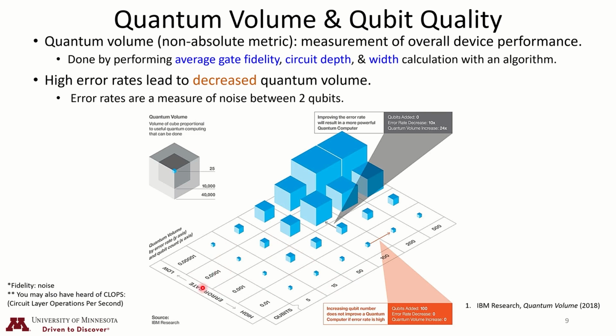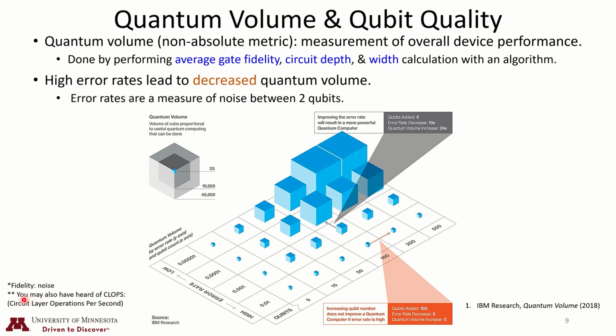The same goes for other higher quality qubits. If you have a qubit with really high quality, then the quantum volume will be very high, meaning you can increase the number of qubits and still do a large amount of high quality quantum computation. So in this case, quantum volume is just a representation of that.